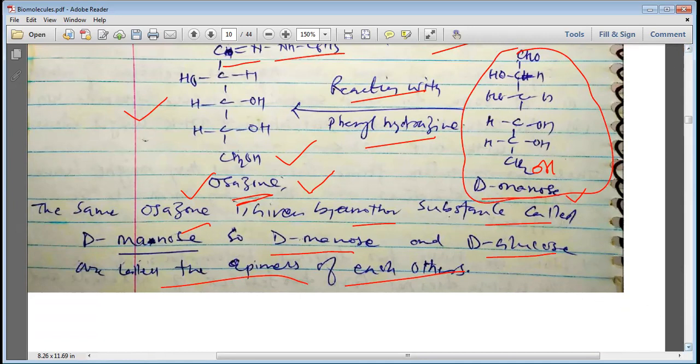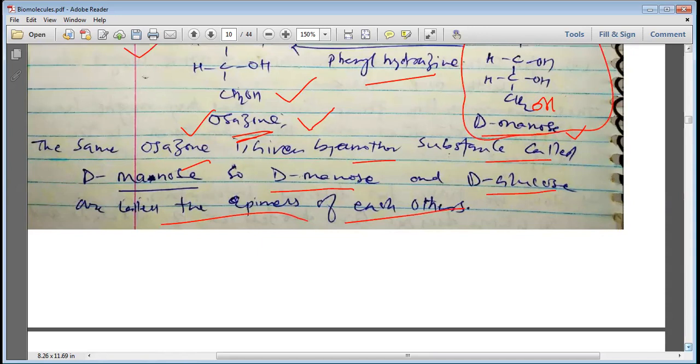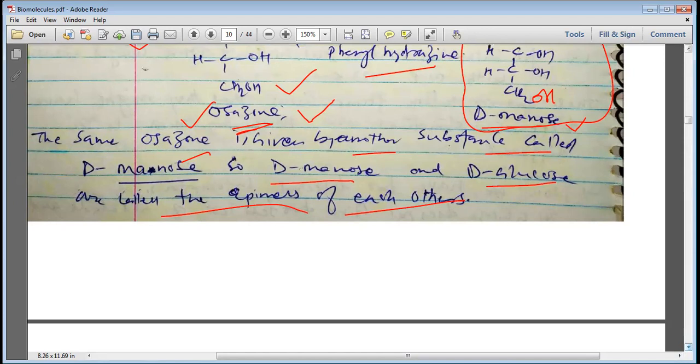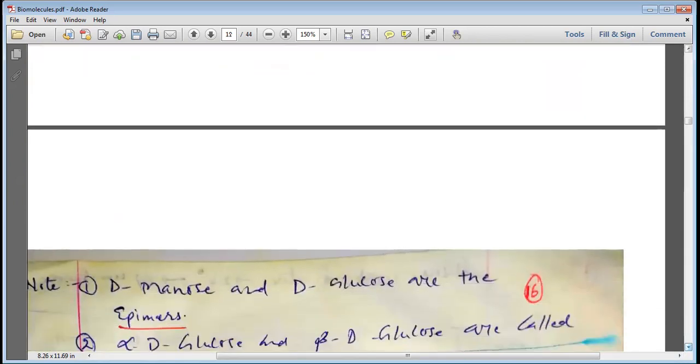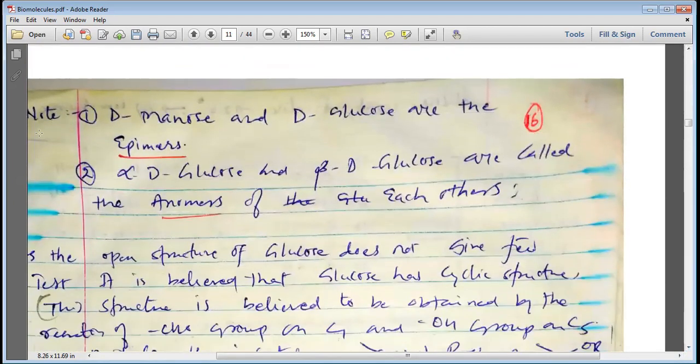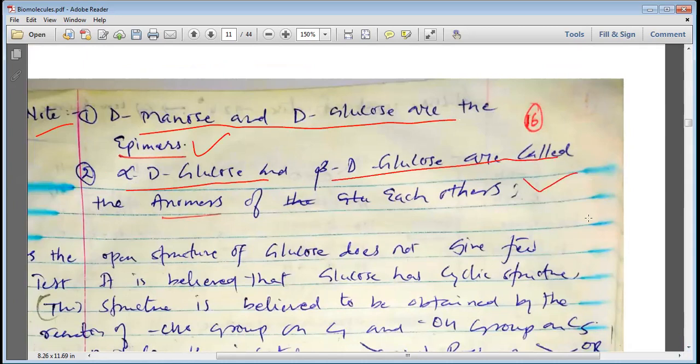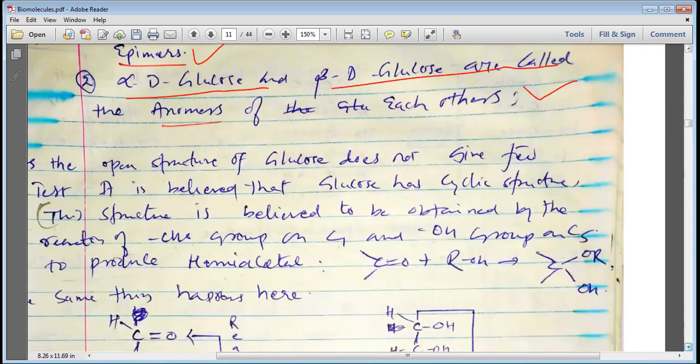Many a time you may be asked about epimers and anomers. So D-mannose and D-glucose are epimers, whereas alpha-D-glucose and beta-D-glucose are anomers of glucose. Note, my dear students, that D-mannose and D-glucose are epimers of each other, and alpha-D-glucose and beta-D-glucose are anomers of each other.